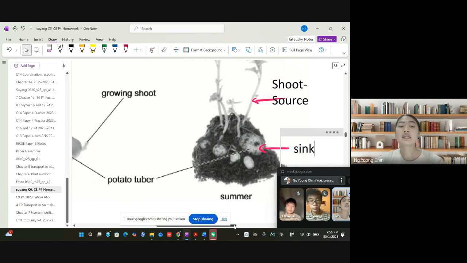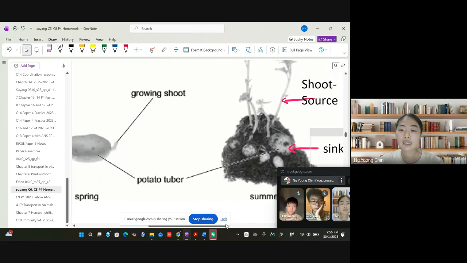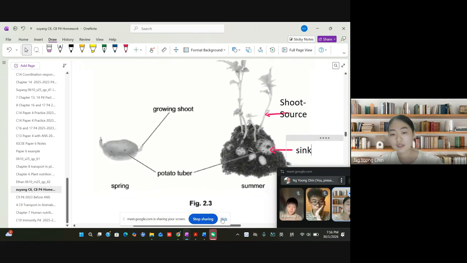But when they come into the springtime, lesser light, low light intensity, now the potato tuber will become a source.